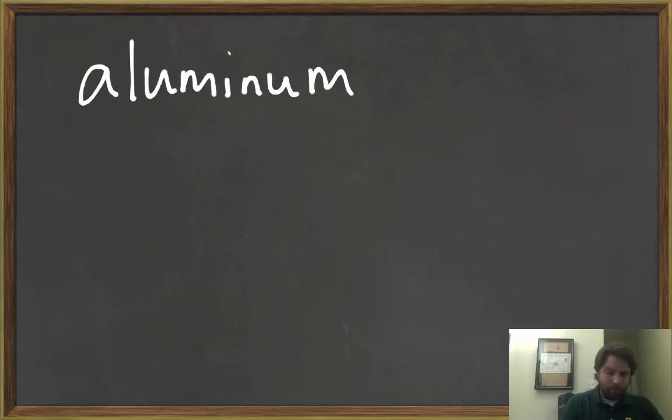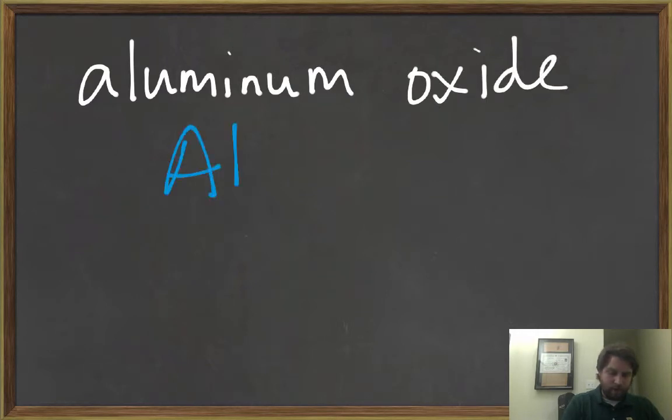So let's do another example. Let's say we have something like aluminum oxide. Aluminum is Al. Oxide refers to oxygen. We know aluminum is in that area with a +3. We know oxygen's in the area with a -2 charge. This one's a little trickier, so how do we get +3 and -2 to add up to 0? There's a couple different ways.